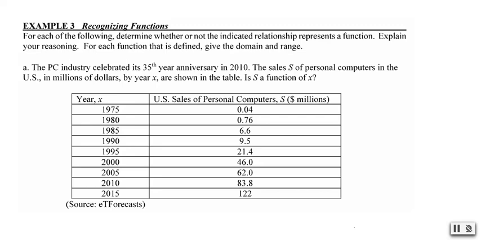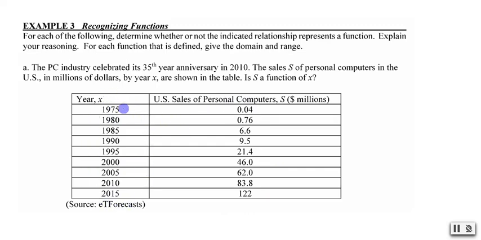The sale of personal computers in the US in millions of dollars by year X are shown in the table. They want to know, is S a function of X? Okay, so is this number of computers a function of the year?